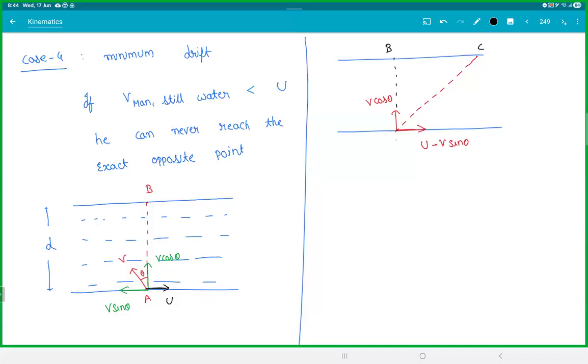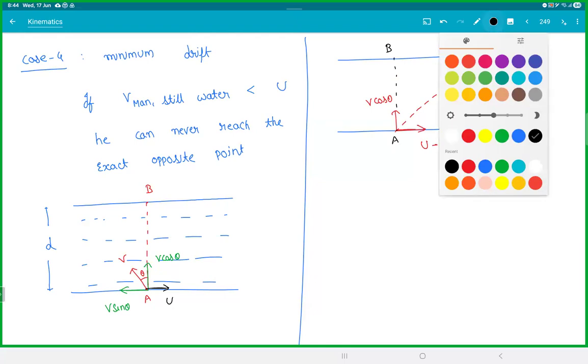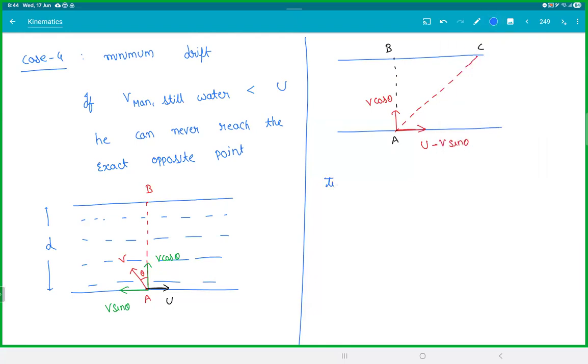This was B and this was A. So that BC value is the drift. So time taken to cross the river is AB by V cos theta, which is D by V cos theta. BC will be the horizontal velocity, U minus V sin theta, into time.